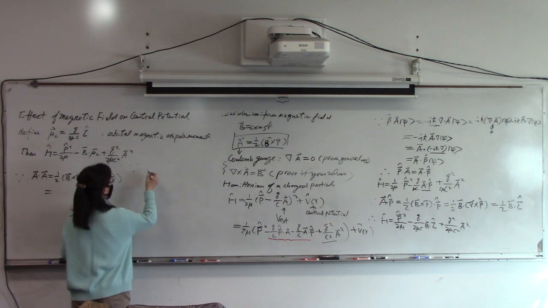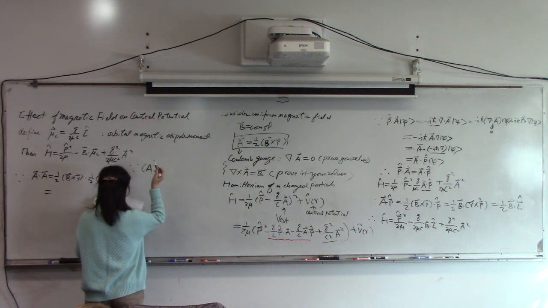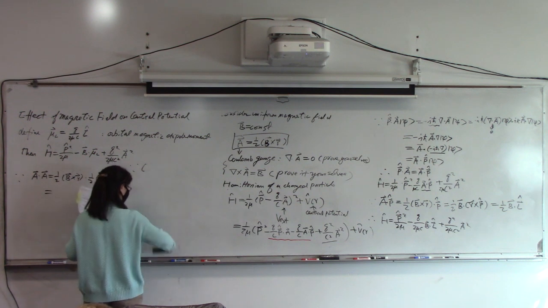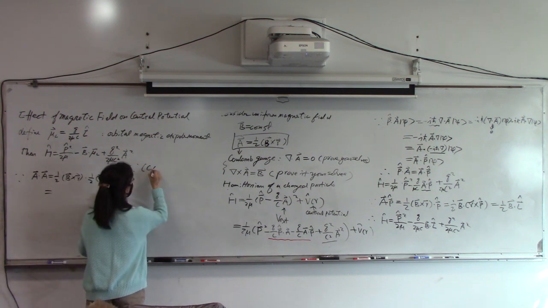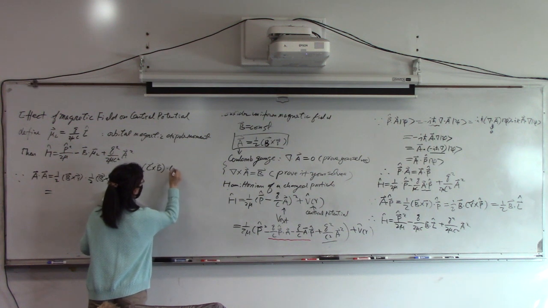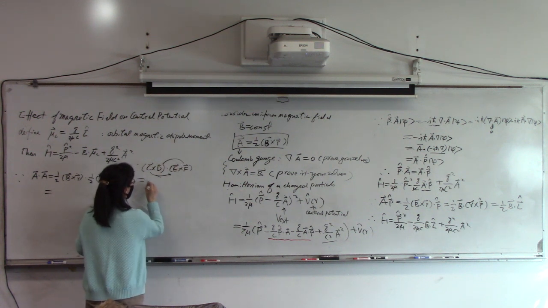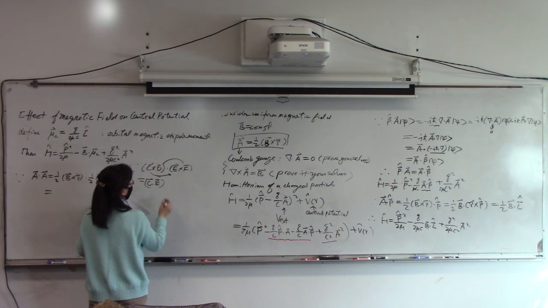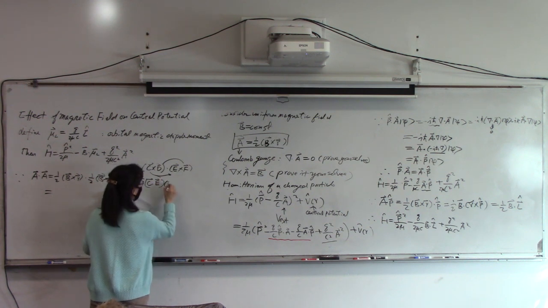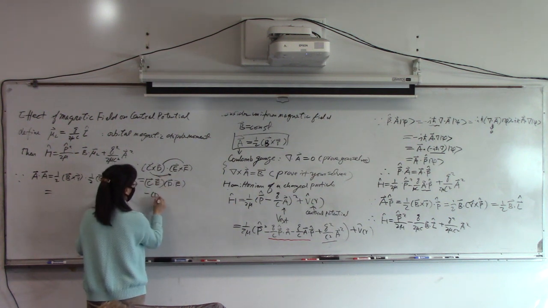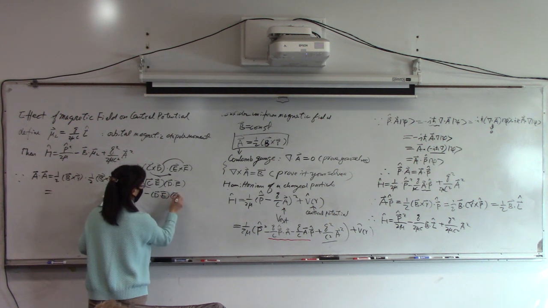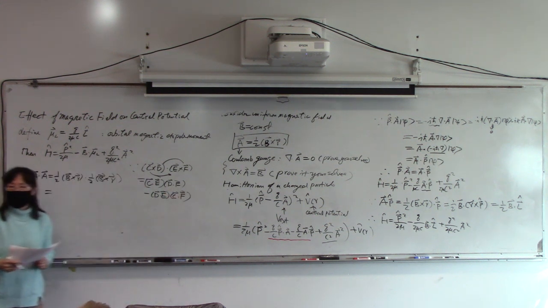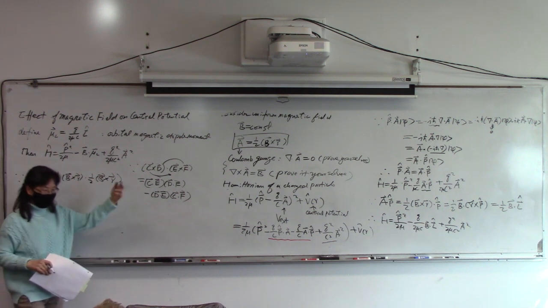Let's say we have A here, and C cross D, inner product E cross F. That is equal to, okay, the first one is C inner product E multiplied by the D inner product F, minus D with E and C with F. Remember this? That's the vector property of the product.